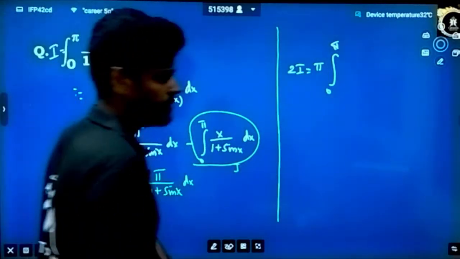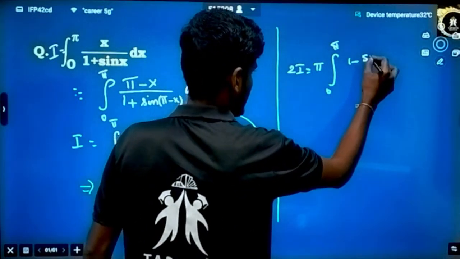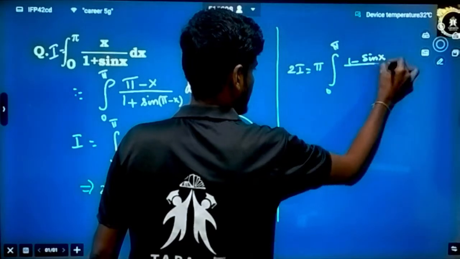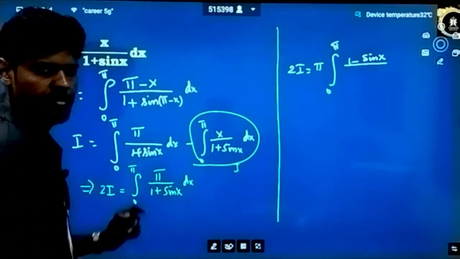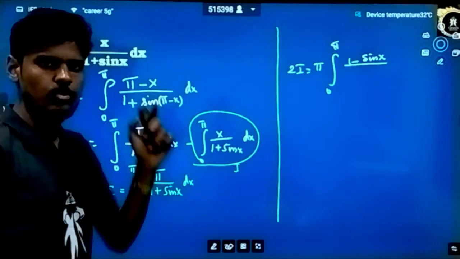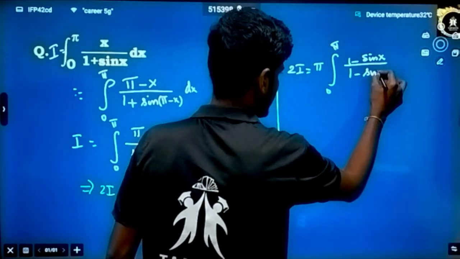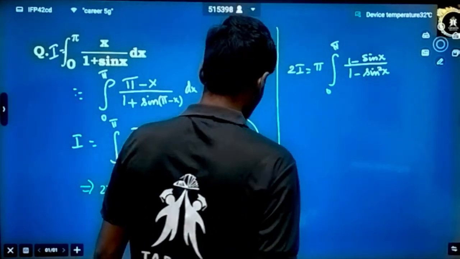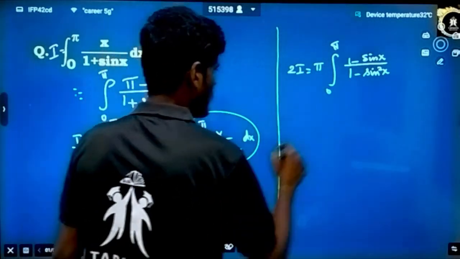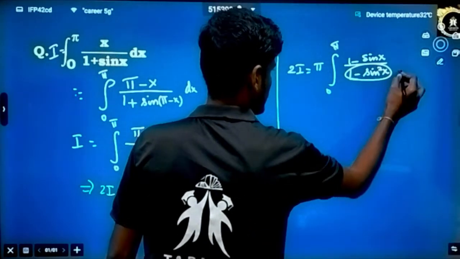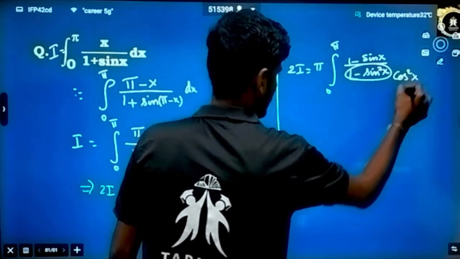We can multiply and divide by 1 minus sin x, then we can write this integral as 1 minus sin x by, in the denominator, 1 plus sin x into 1 minus sin x, that is 1 minus sin square x. And what is 1 minus sin square x? 1 minus sin square x is cos square x.